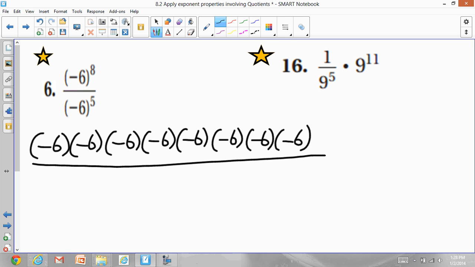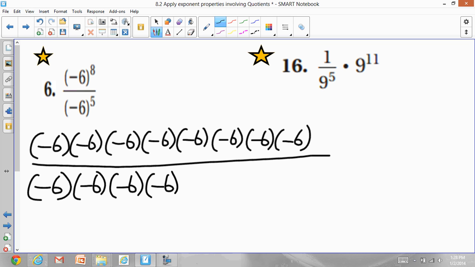The denominator, if I expand, it needs to appear 5 times. So I'm doing -6, 1, 2, 3, 4, 5. So the exponent tells me how many times I need to repeat that number.